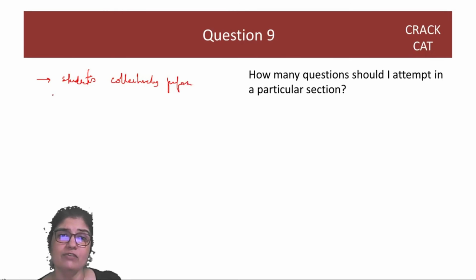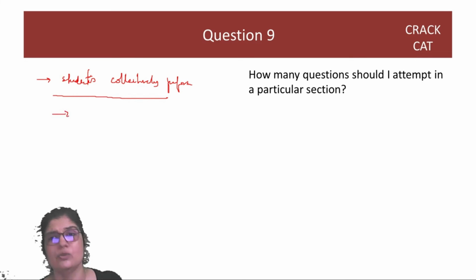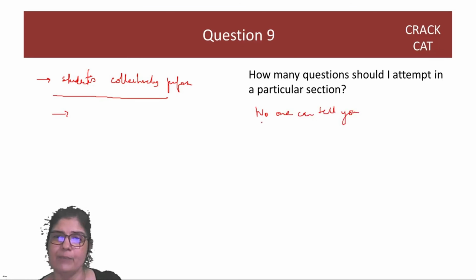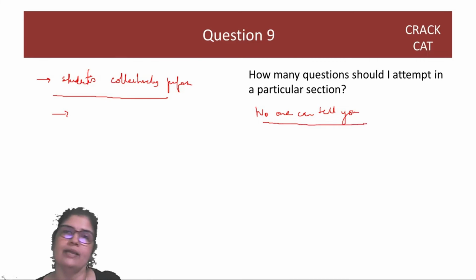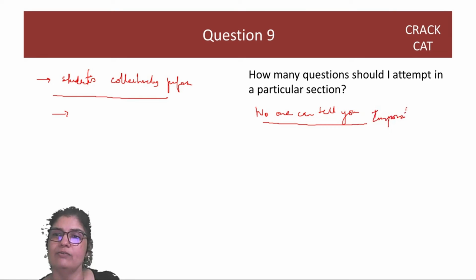So even if you give the full paper to me, right, just before the paper, I will not be able to tell you. So my first thing is that no one can tell you. Because even with the actual paper, if I can't tell you, how can I tell you without knowing the actual paper? It is impossible. No one can tell you. Okay, you have to get this in your head.